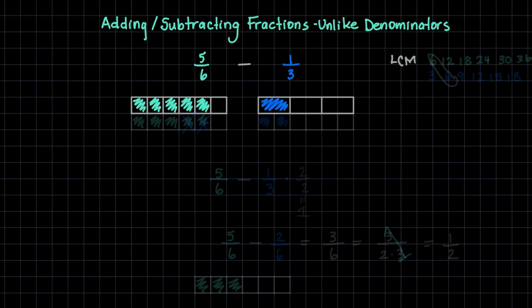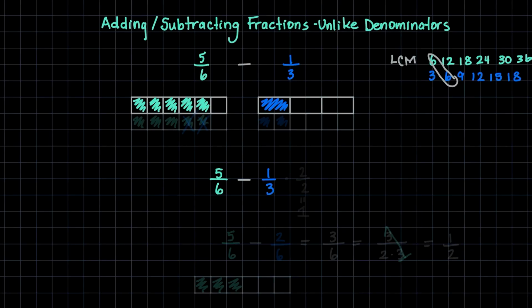I'm going to start with 6, 12, 18, 24, 30, 36. Now stop there, and then we'll go 3, 6, 9, 12, 15, 18. Again, we'll see we have more than one common multiple, but our least common multiple is going to be 6. 5 over 6 is already in sixths.